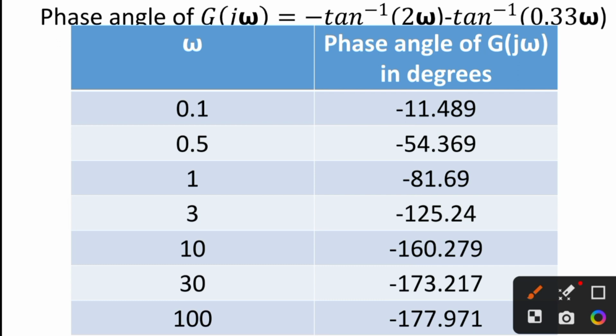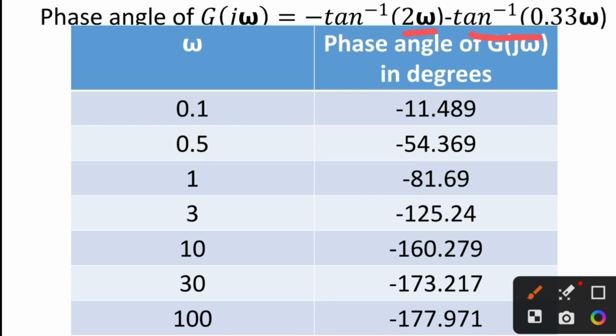Here in this 1 plus 2s, that is 1 plus j2 omega, the imaginary part is 2 omega and the real part is 1. So 2 omega divided by 1 gives 2 omega. So the phase angle is minus tan inverse of 2 omega minus tan inverse of 0.33 omega divided by 1.